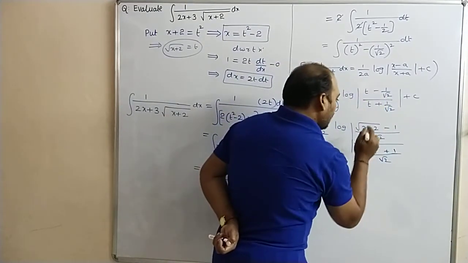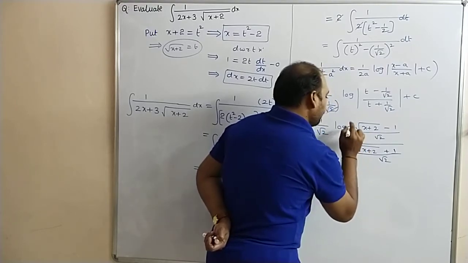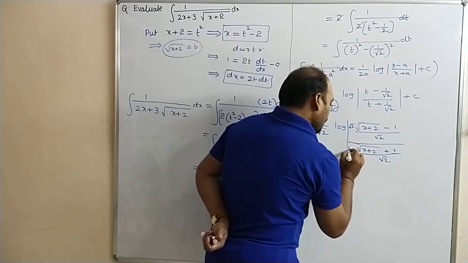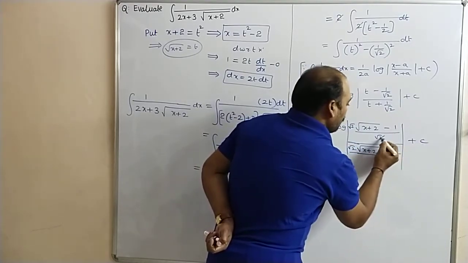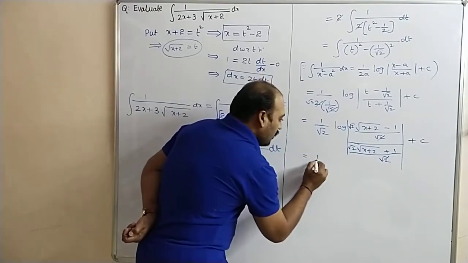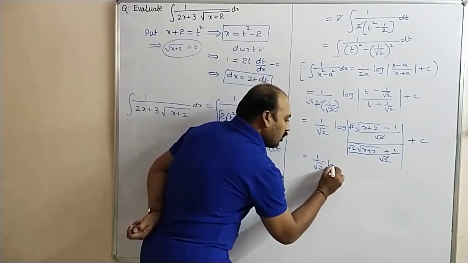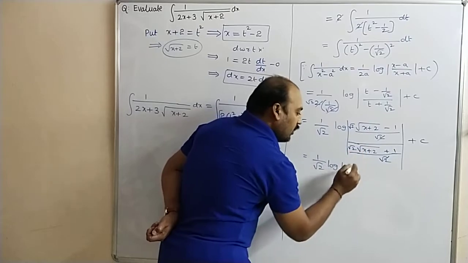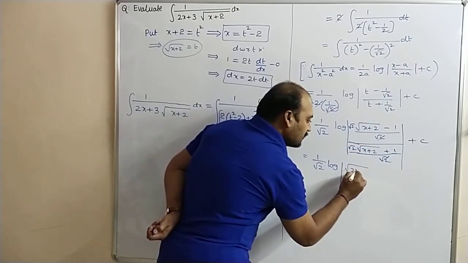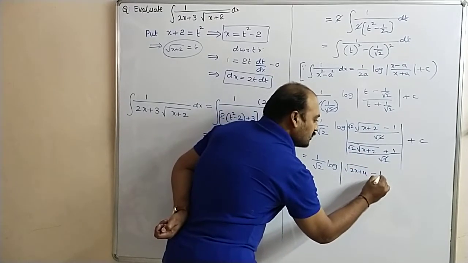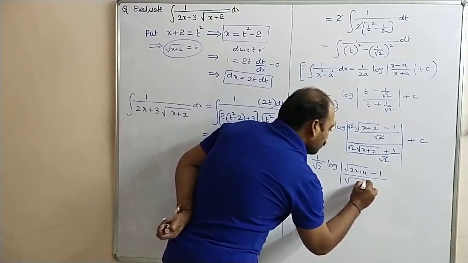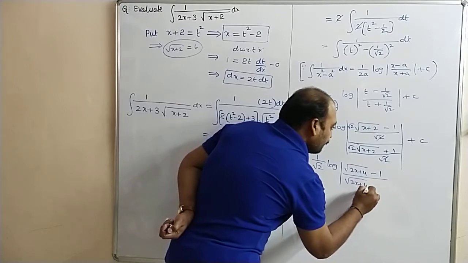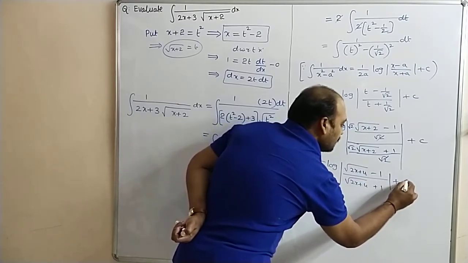Sorry, here root 2 also will come, even here also root 2, plus c. Here root 2 gets cancelled. 1 by root 2 log mod, root a into root b, so root of (2x plus 4) minus 1 divided by square root of (2x plus 4) plus 1, plus c.